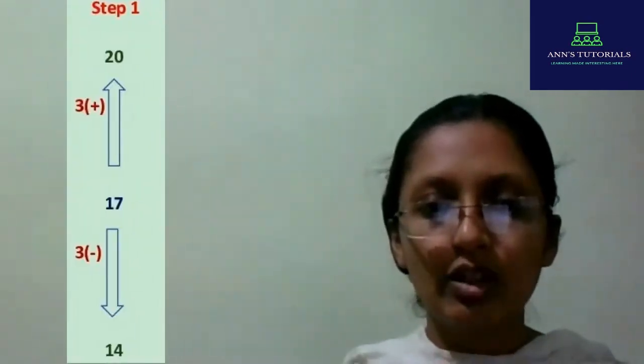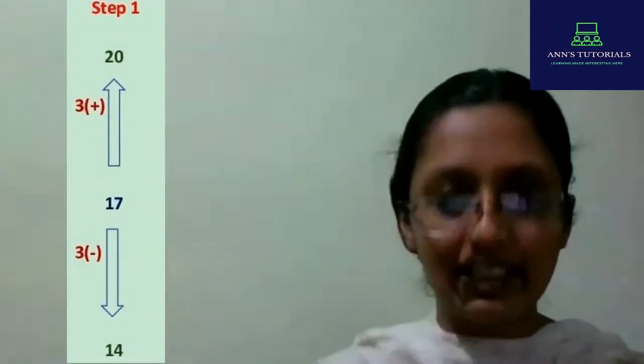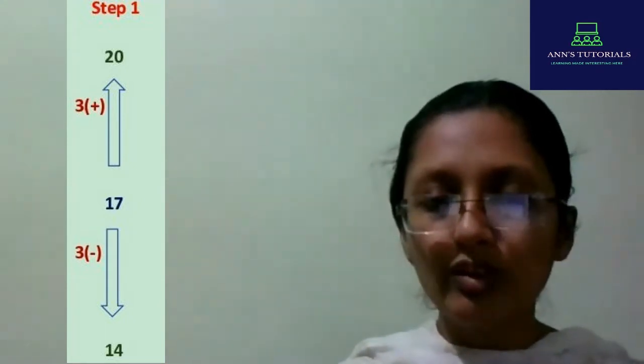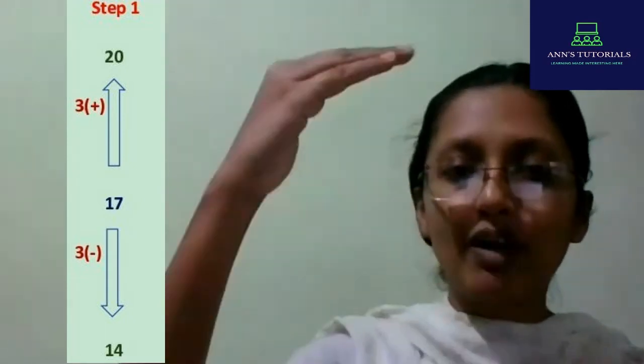Let us mentally calculate 17 square, for example. For that, all we have to do is to change 17 so that we multiply a number ending in 0. So firstly, we will take two numbers, one more than 17 and one less than 17, in such a way that we will move 3 up from 17.